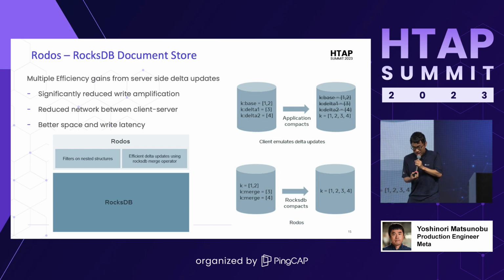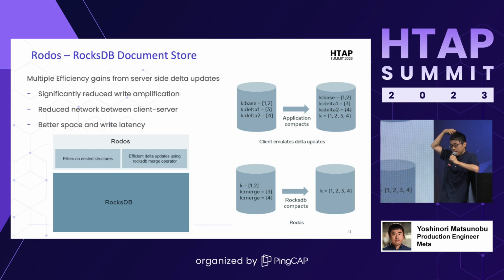We have an internal service called Lodos, a RocksDB document store on top of ZippyDB. It's primarily used for ML-type workloads, which update very often. And by optimizing these, we significantly reduce the write amplification and network bandwidth between client and servers, and improve the short-term space amplification and the write latencies.